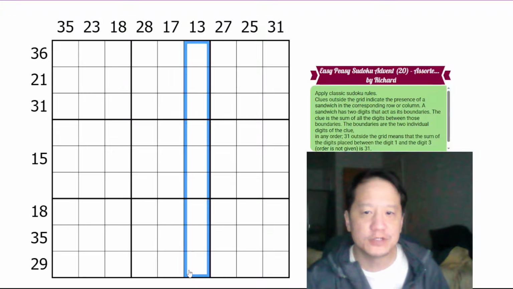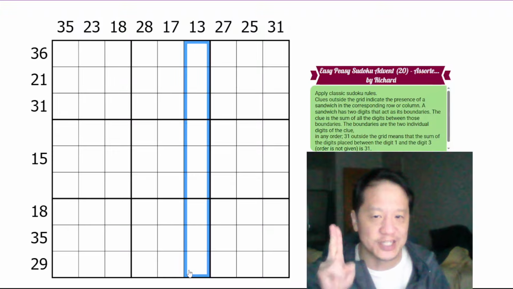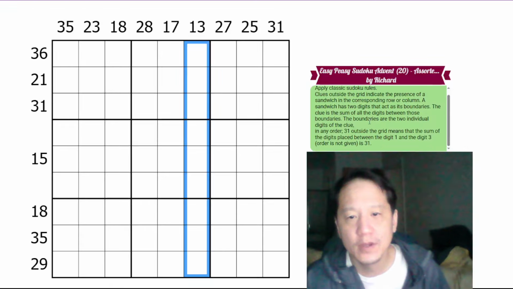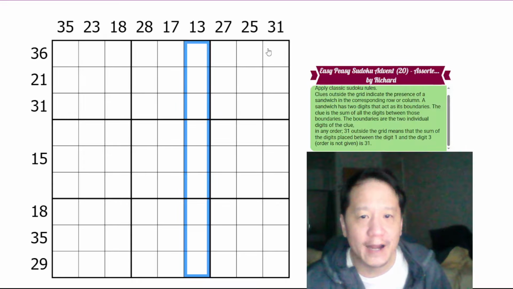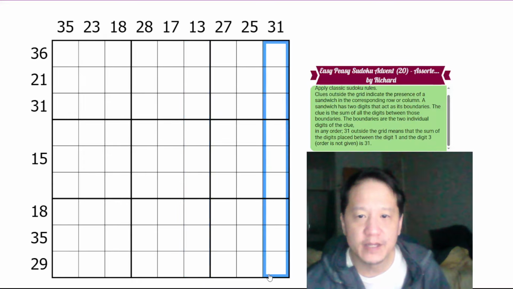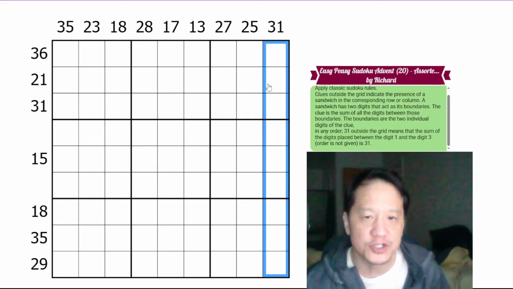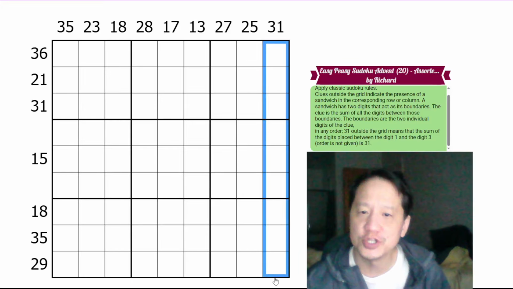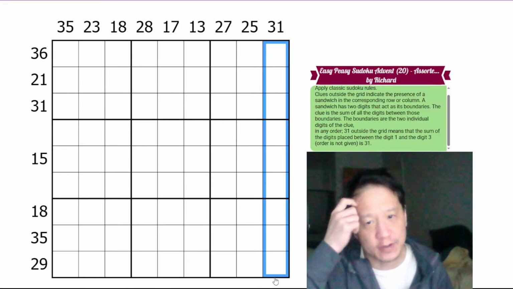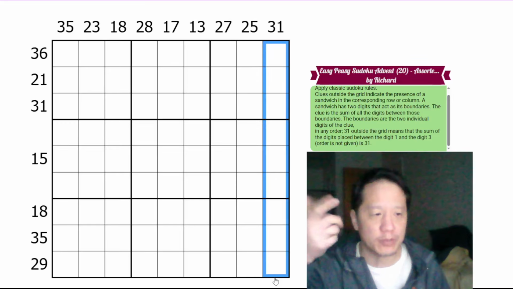And the boundaries are the 2 individual digits of the clue in any order. So 31 outside the grid means that the sum of the digits placed between the digit 1 and the digit 3, order is not given, or basically order can be in either way.